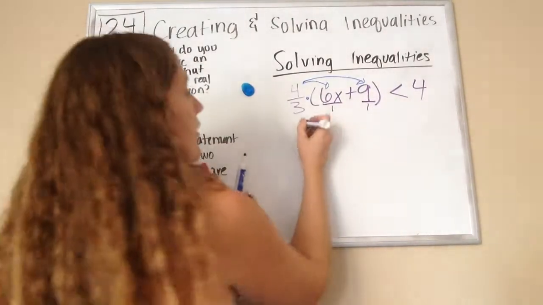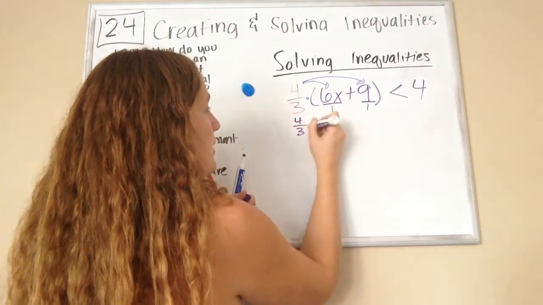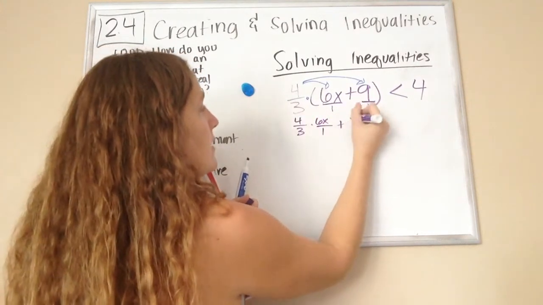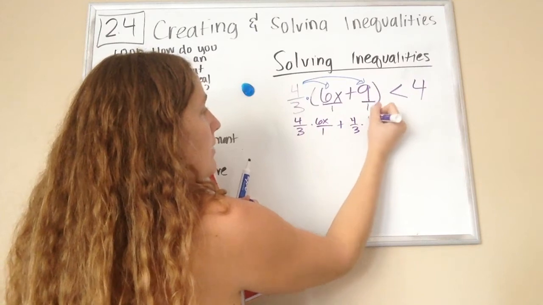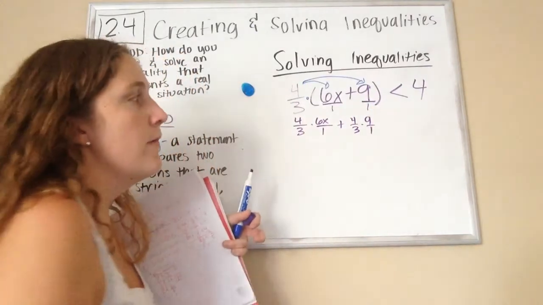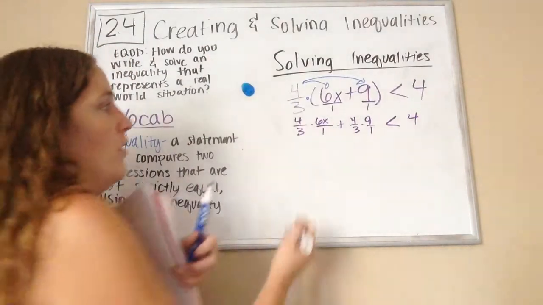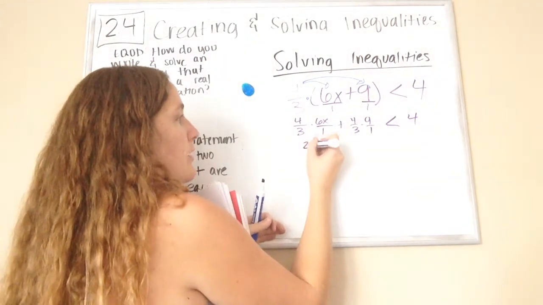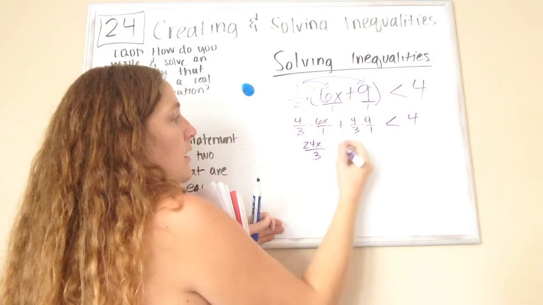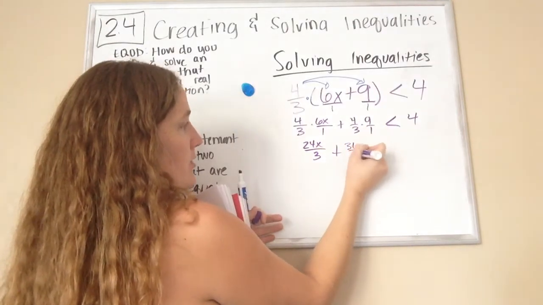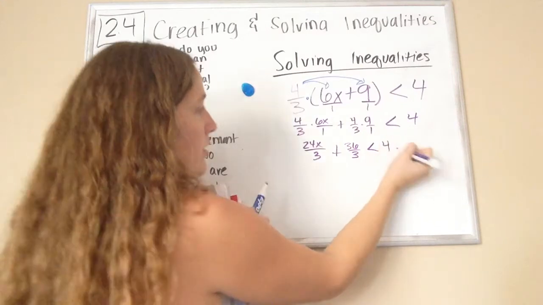And we're going to have 4/3 times 6x over 1, first 2 terms, plus 4/3 times 9 over 1 is less than 4. All right, 4 times 6x, we get 24x over 3, plus 4 times 9, we get 36 over 3 is less than 4.